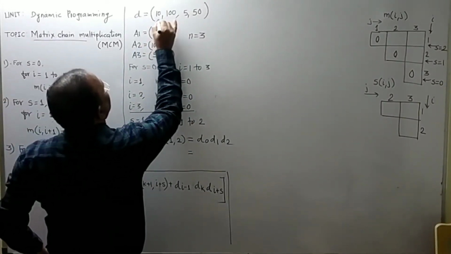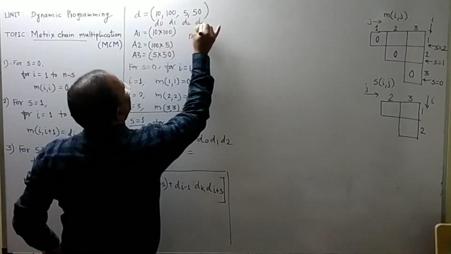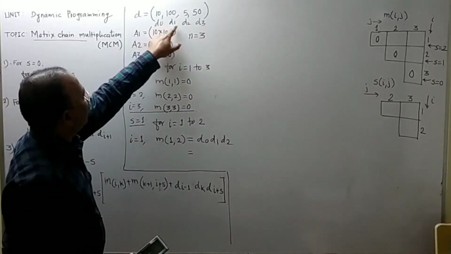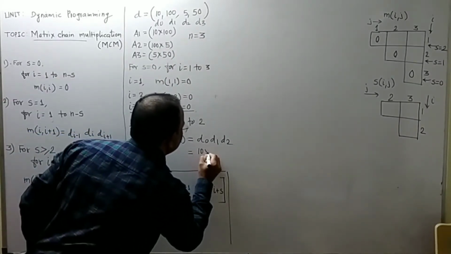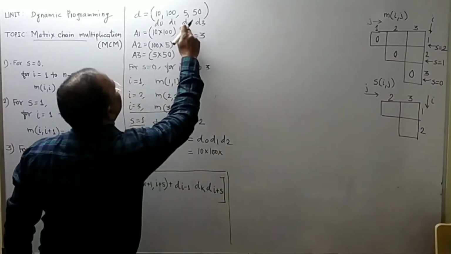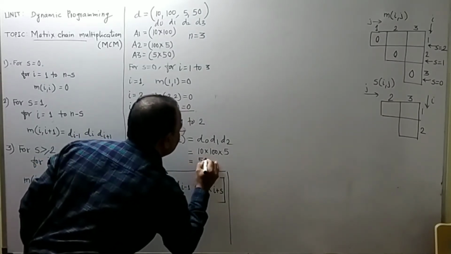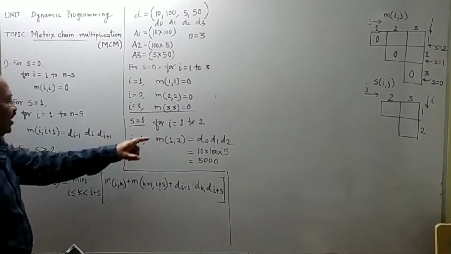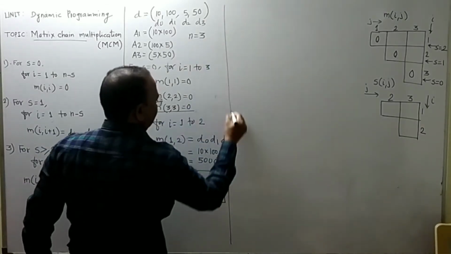This is d0, this is d1, this is d2, and this is d3. So the value of d0 is 10, value of d1 is 100, value of d2 is 5, which is equal to 5000. Then take the next value of I, that is I is equal to 2.